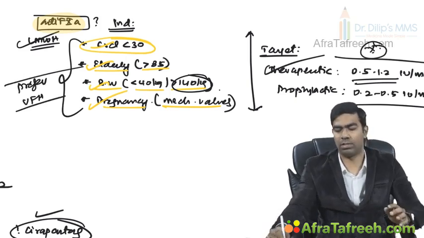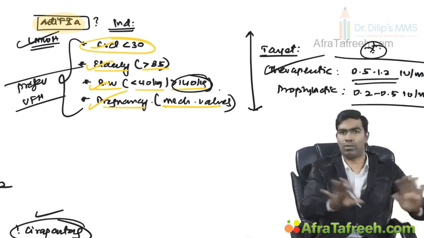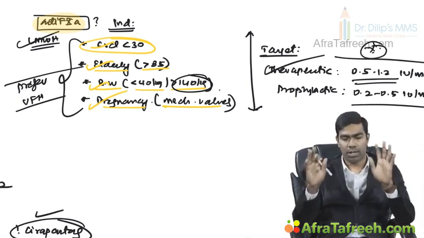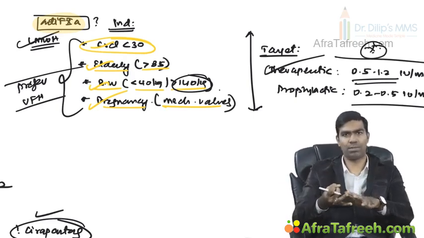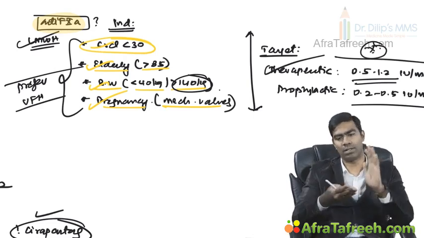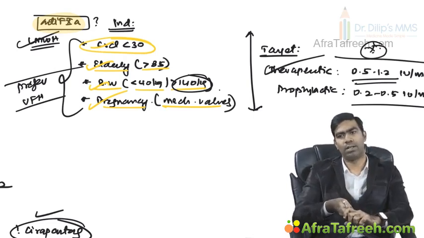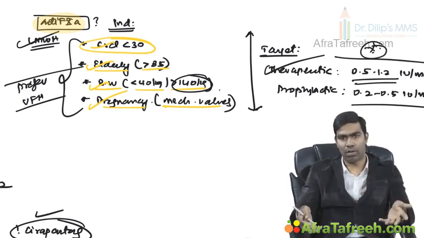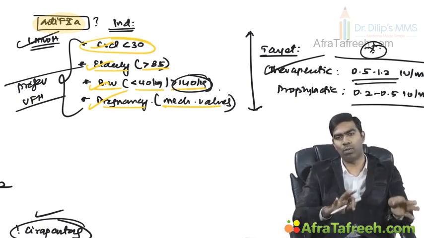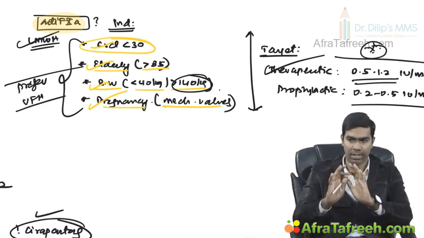Simple, because it is not cleared by the kidney and you don't have these things to worry about. If you have anti-factor 10A activity in your hospital and the patient can afford it, please go for low molecular heparin with anti-factor 10A activity measurement itself.